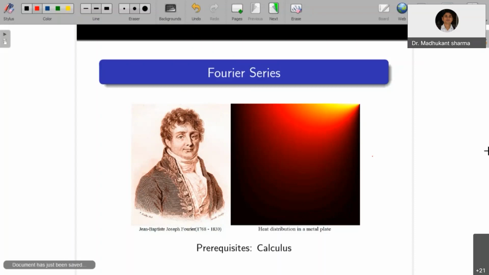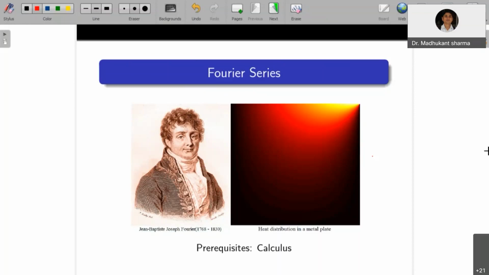And how would you decide the period? It is the smallest length. Like you have 0 to 2 pi, then 2 pi to 4 pi. You may also say, sir, after 4 pi, so 0 to 4 pi, 4 pi to 8 pi, you are getting the same thing.